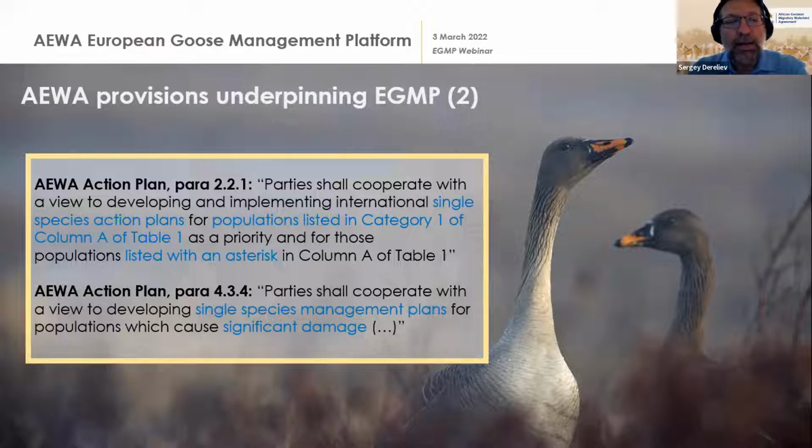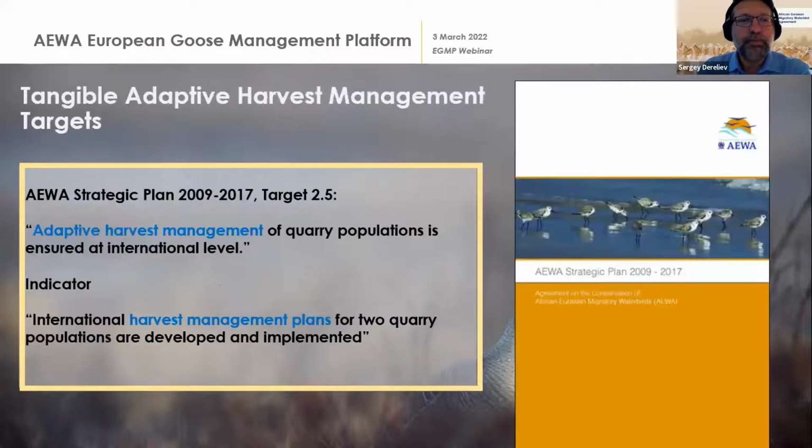The next provision is contained in paragraph 4.3.4, under which the parties are required to establish single species management plans for populations which are causing significant damage to economic sectors such as agriculture or fisheries.